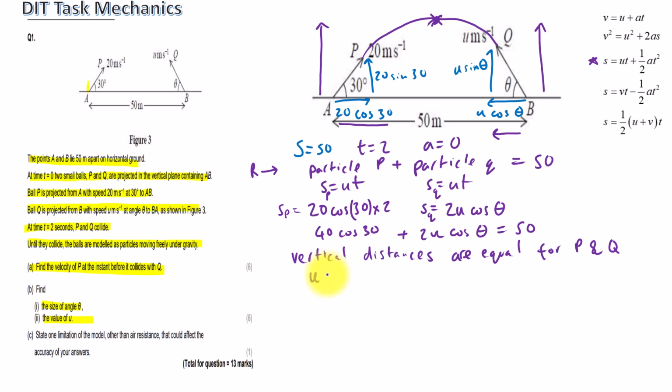Well, if we're going to use U, we have U's for P, so we're resolving up now. We know that's 20 sine 30.